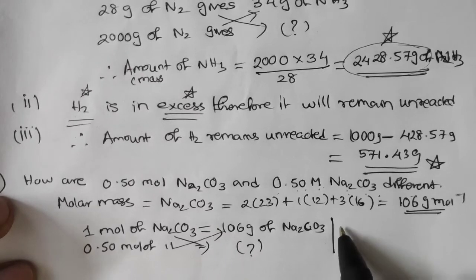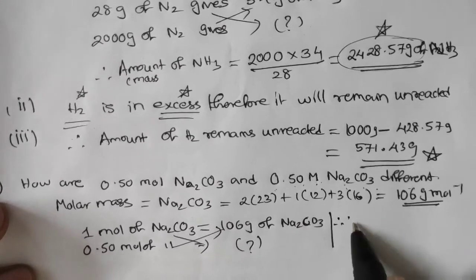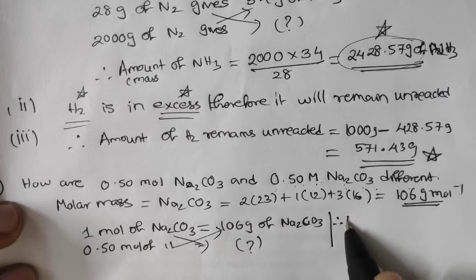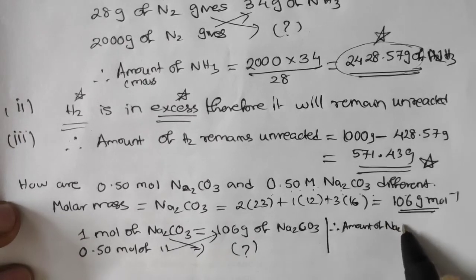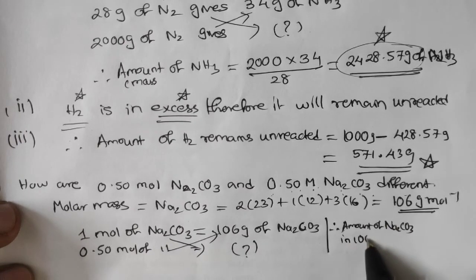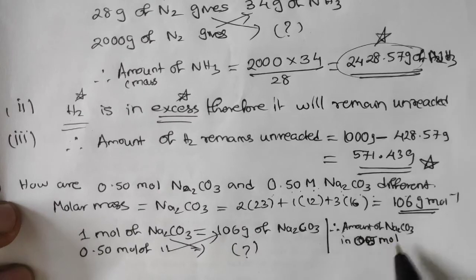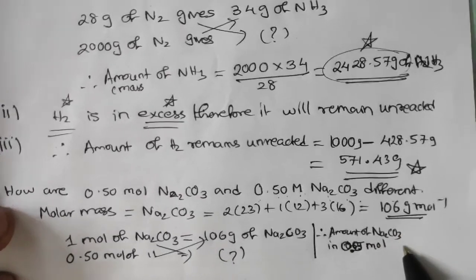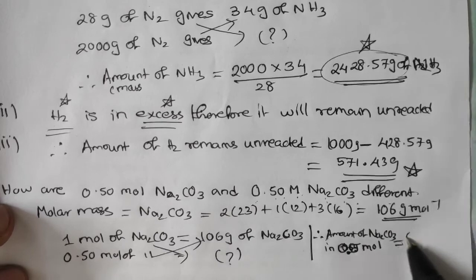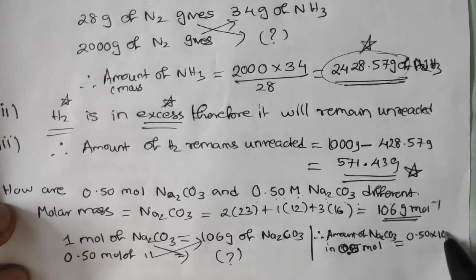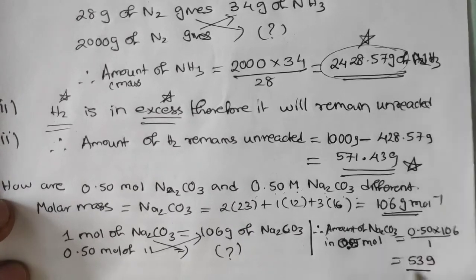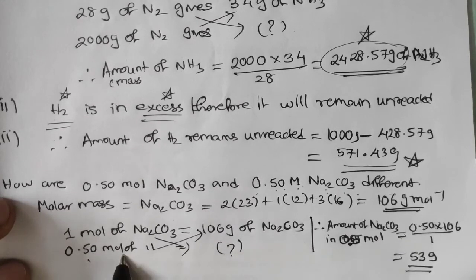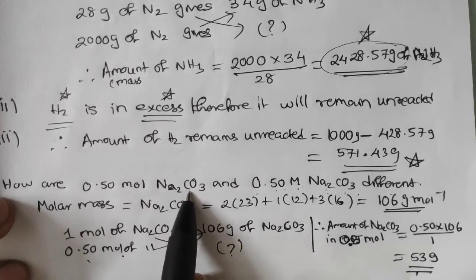So the amount of Na2CO3 in 0.5 mole is 0.50 into 106 divided by 1, which is equal to 53 grams. Understood? Means 0.5 mole is equal to 53 grams of Na2CO3.